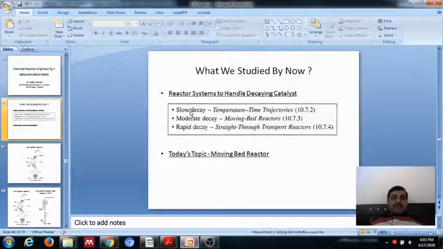And this was the case when the decay law was slow decay.